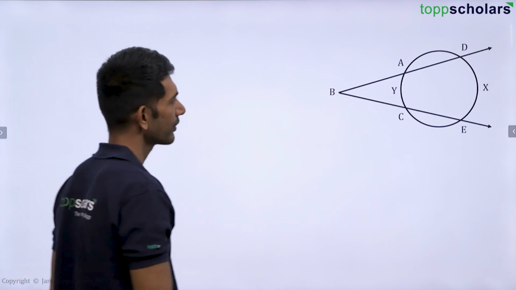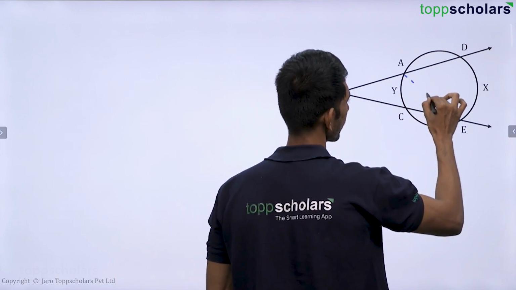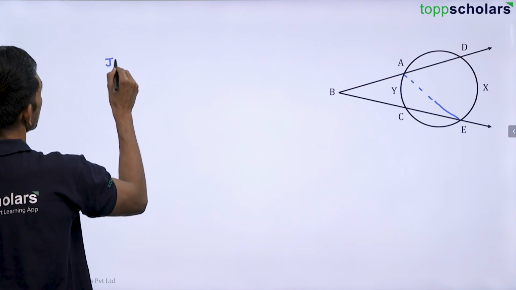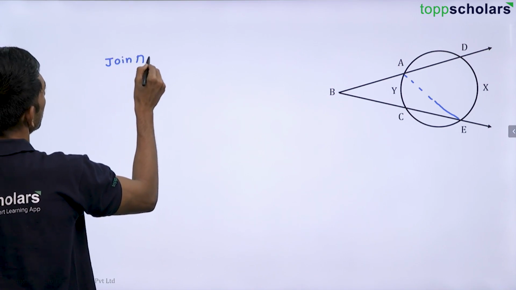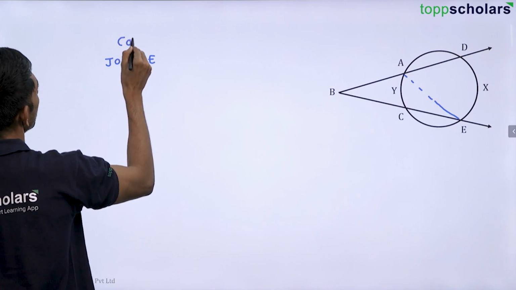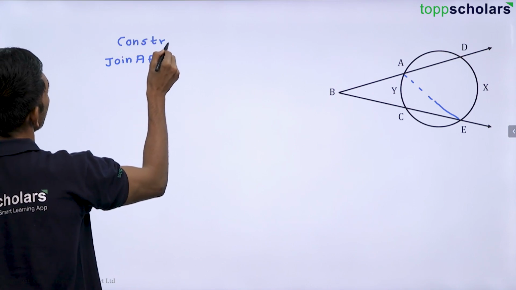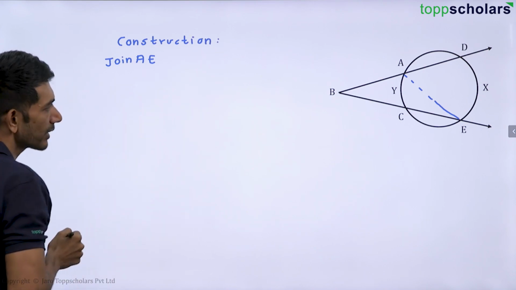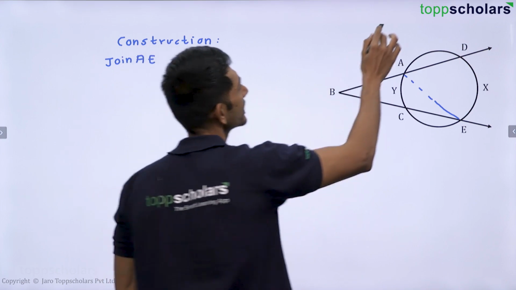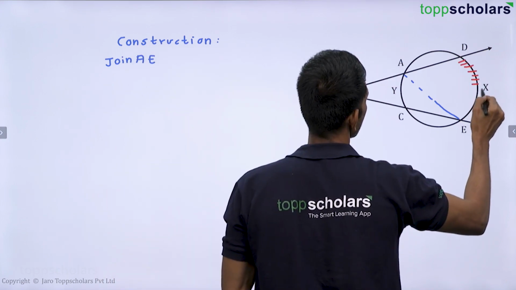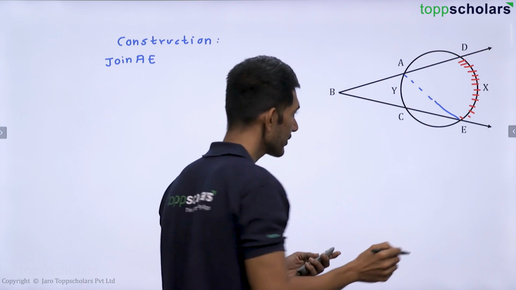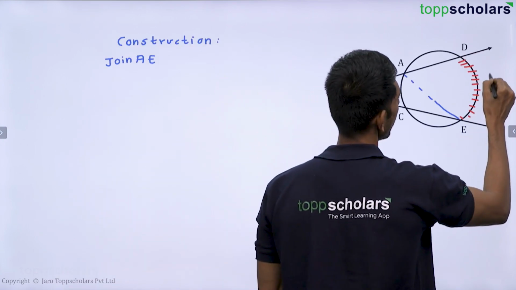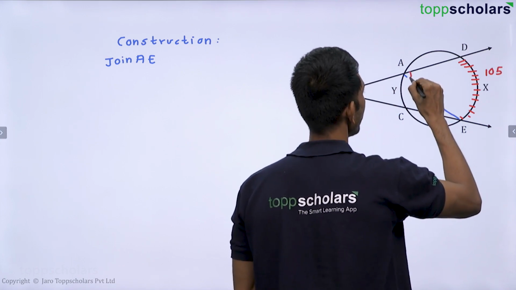Firstly, what you can do is, you can join AE. This can be your construction part. Now understand, measure of arc DXE is already given. How much is that? That is 105 degrees. So can I find out this angle?